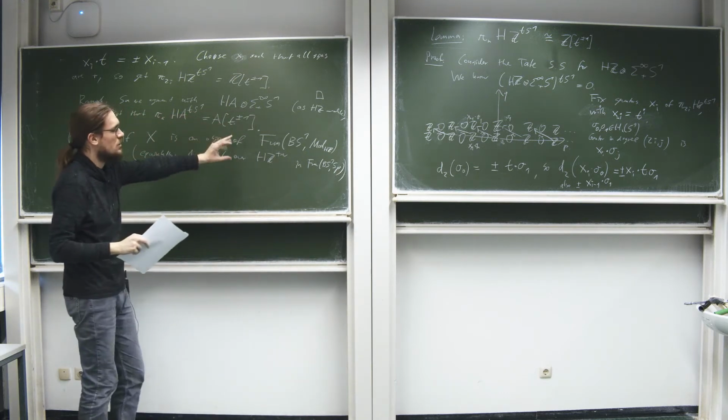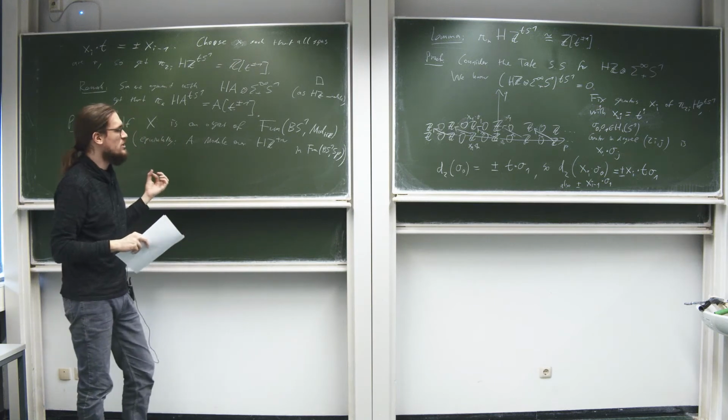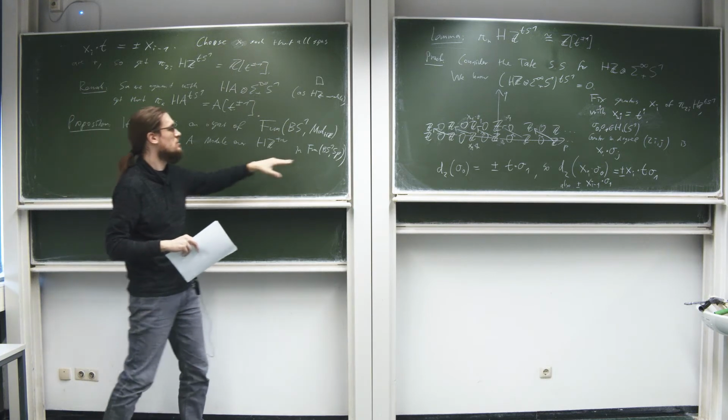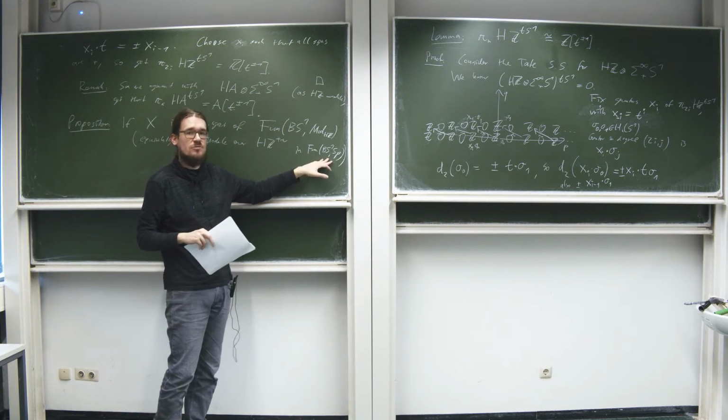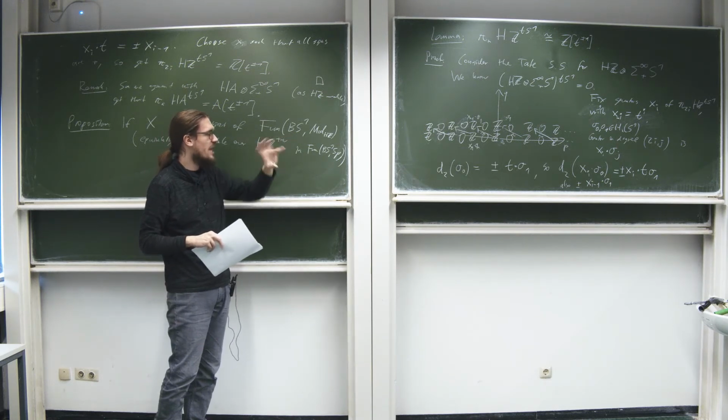It's a little interchange trick you can play here, but it's more than just being an HZ module and then some action just as a spectrum. So in some sense, both of these encode that the action has to be HZ linear.